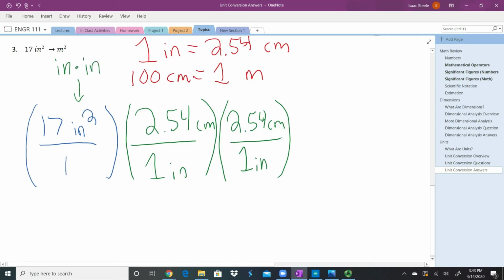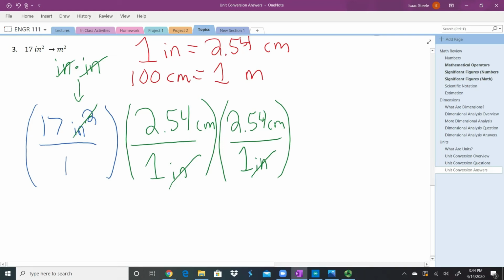If I do the conversion once, this inch cancels out one of those inches, or gets rid of my exponent. I'm still left with inches. If I do it a second time, that inch cancels out my last inch. Now my inches are gone and I'm left with centimeters, but I actually have a centimeter times a centimeter, and those 2 things together are centimeters squared. So that's one way to do it. That's the way I prefer it. Shows work. I do one thing at a time to make sure that it works.